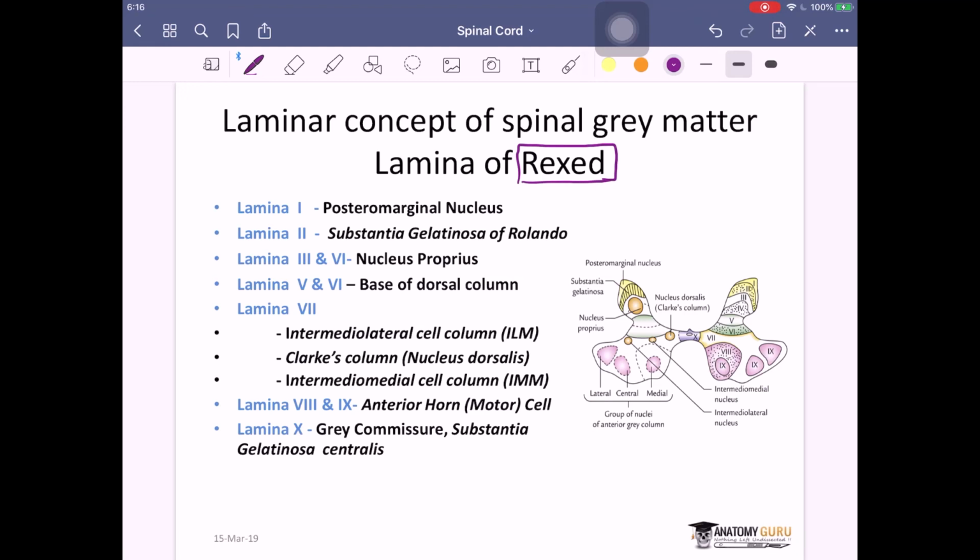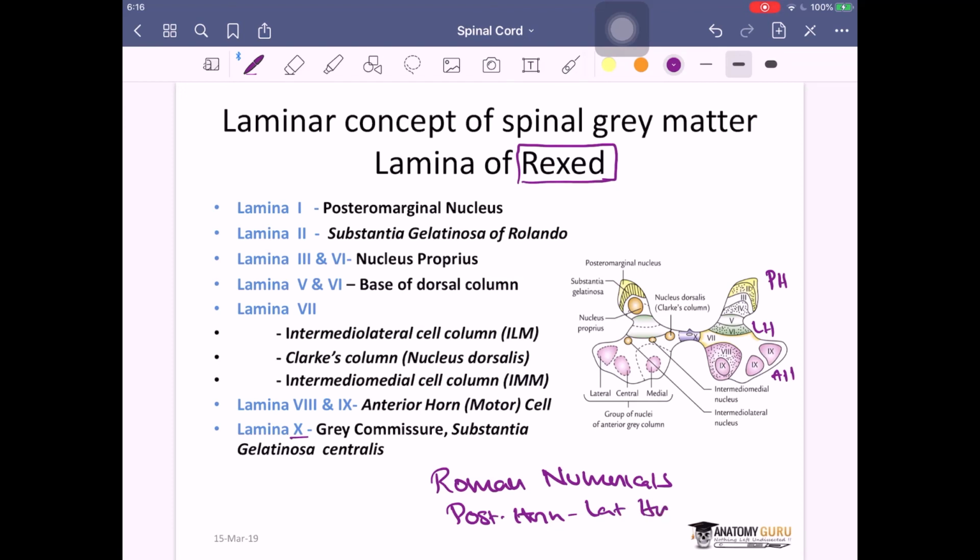So Rexed came, and he studied this concept of the gray column again in detail, and came up with the concept that the entire spinal gray column, the H-shaped gray column, instead of dividing into columns, can be divided into laminae. He divided the entire gray column, that is the posterior horn, lateral horn and the anterior horn, into laminae instead of columns. He gave altogether 10 laminae, labeled in Roman numerals.